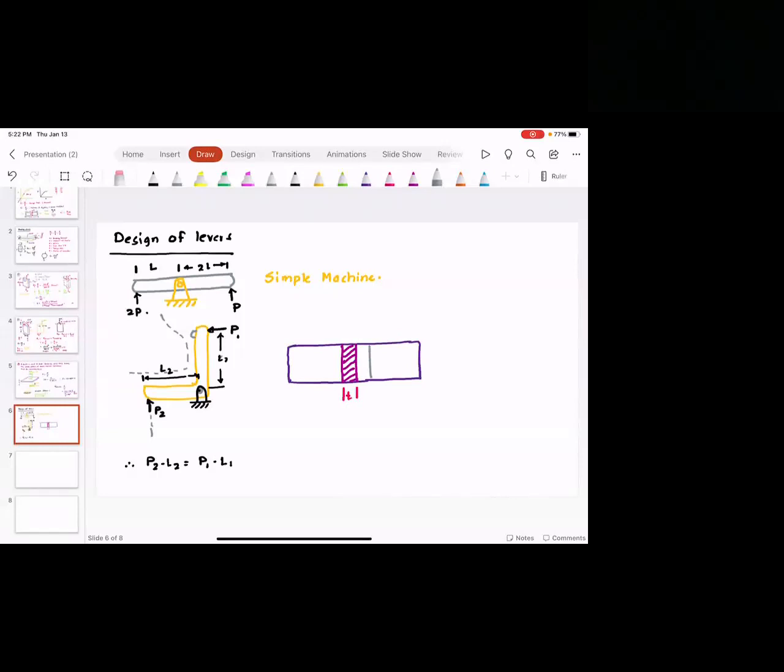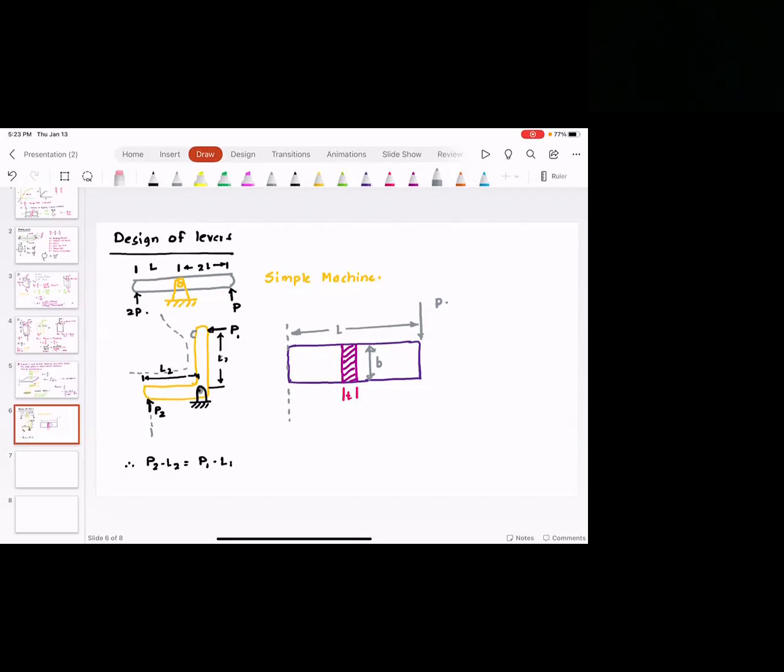This is the width or height, I'm just going to call this B, and you have T. And then on this lever, you have this load P. I'm going to assume that this lever is attached on one side, and the length of the lever is L. So this is a very classic bending equation.